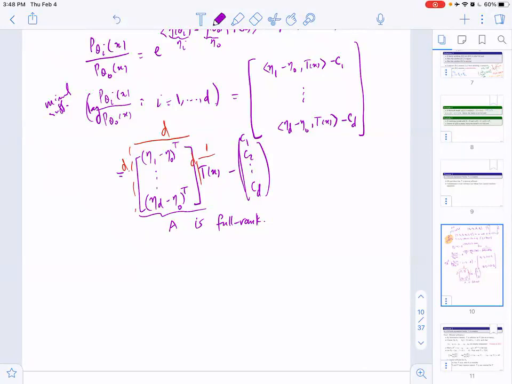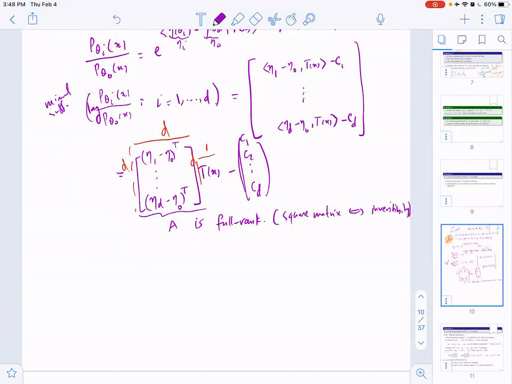So what does it mean for a matrix to be full rank? Anyone remembers? Let's see if you guys are awake. It's invertible. Yeah, for a square matrix, it is equivalent to invertibility.